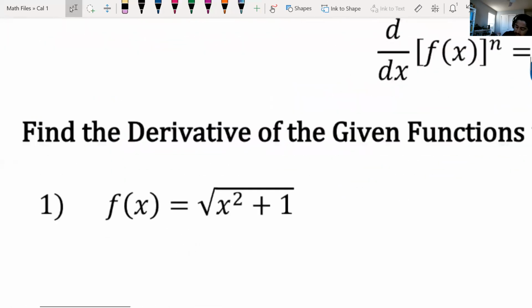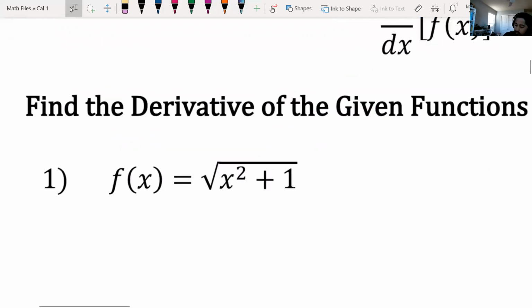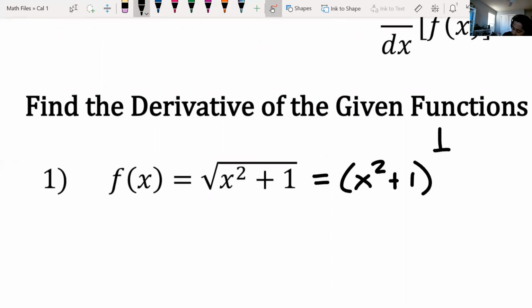All right. Number one, f of x equals the square root of x squared plus 1. Of course, we can't take the derivative in this form, so we're just going to rewrite it as x squared plus 1 to the 1/2. Okay, and now let's apply the chain rule.